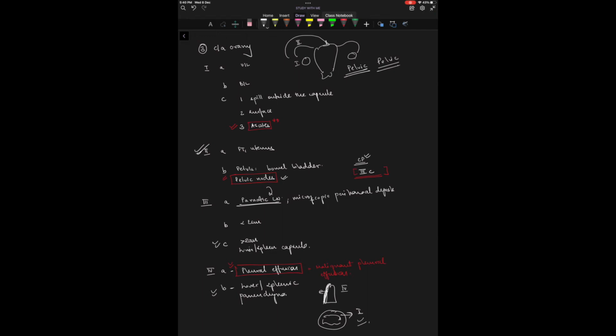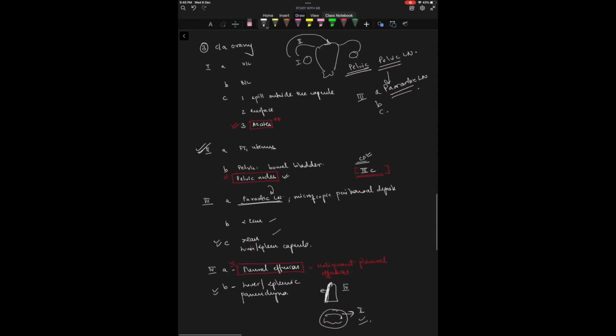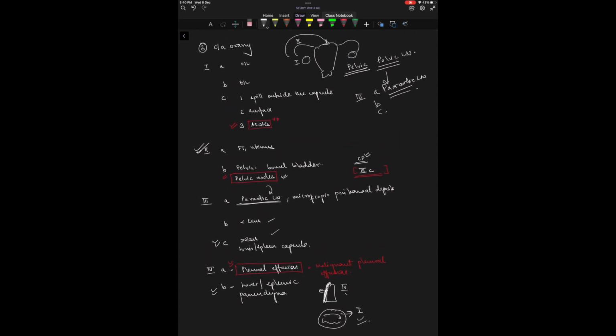Okay, then coming to stage 3, when pelvic lymph nodes have already taken the place in stage 2, in stage 3 we will see who will come? Para-aortic lymph nodes. Alright. Then 3B and C, less than 2 cm, more than 2 cm. Also in 3, liver and spleen capsule is involved. And 4 will be malignant pleural effusion. And 4B is liver and splenic parenchymal involvement.